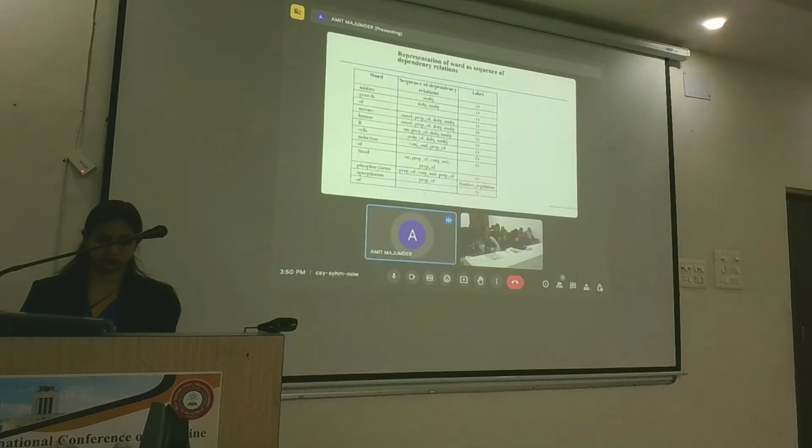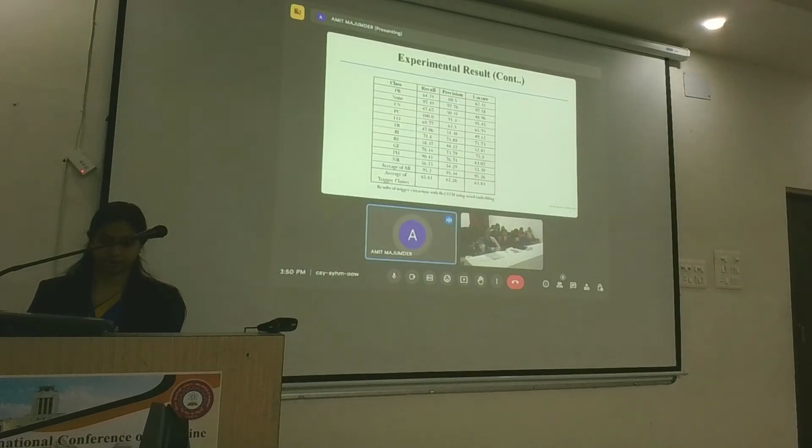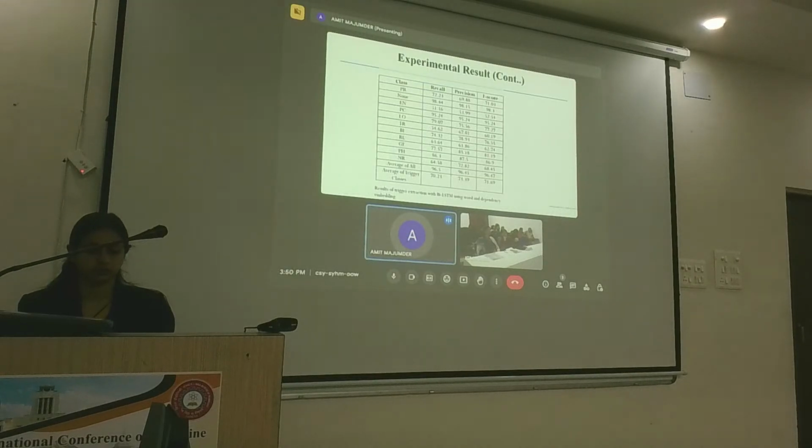Individually, if I follow the result for positive regulation, considering word embedding it is 62.31, whereas in the other it has slightly increased to 64.89. Using word embedding and dependency embedding, it is 71.03.